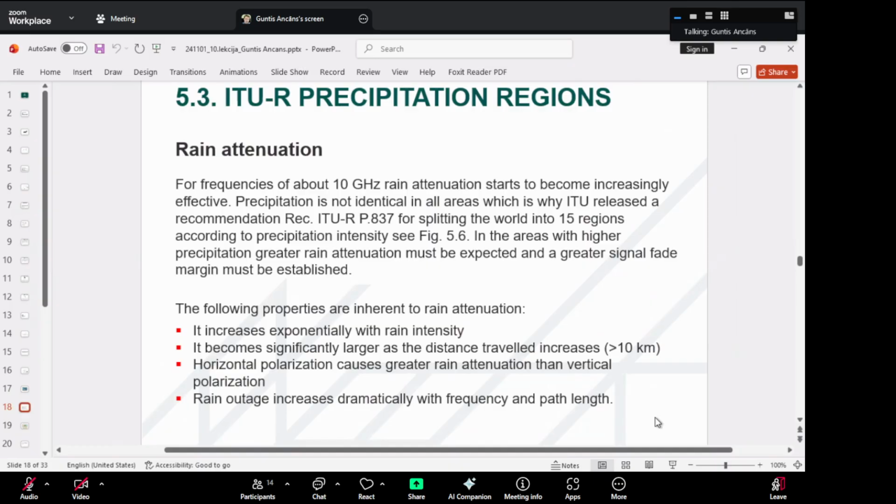As we noted before, higher frequencies mean higher attenuation, and precipitation is not identical in all areas, which is why ITU released a recommendation for splitting the world into 5 regions according to precipitation intensity.